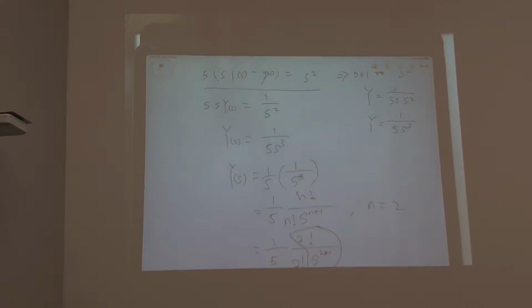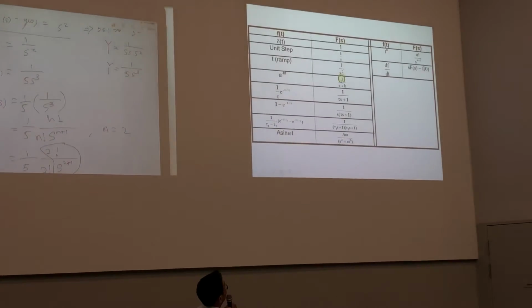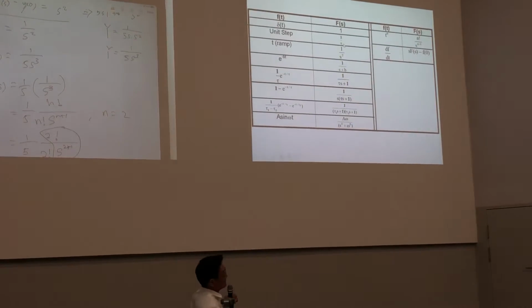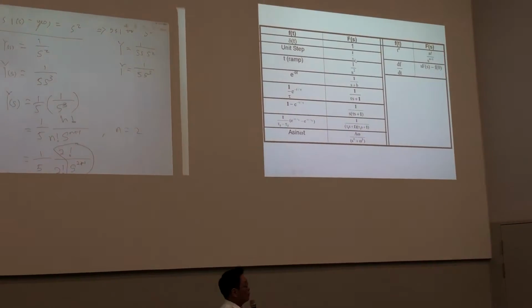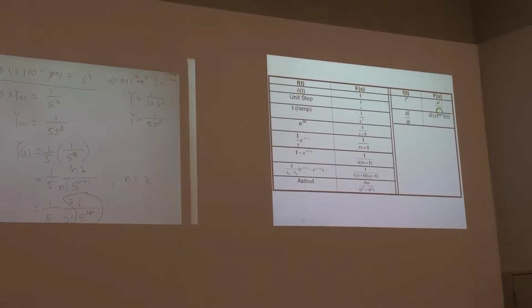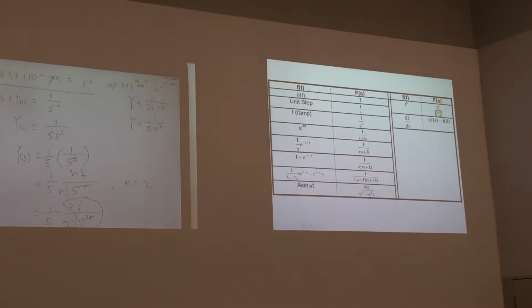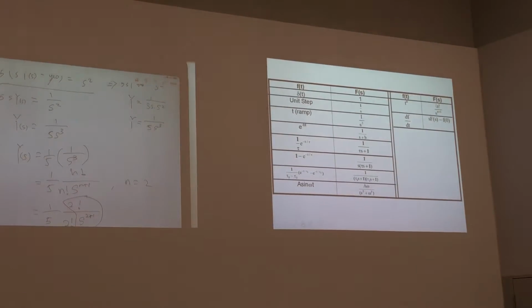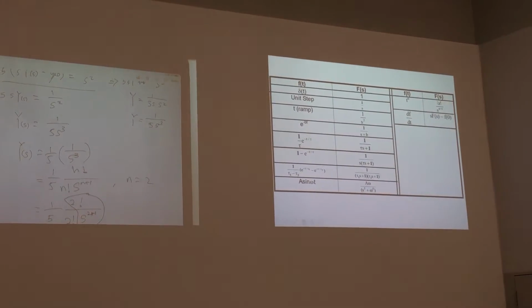Now I need to inverse back. How should I inverse? When I inverse, because I have all the s on my right hand side, I must check the Laplace table, which one is nearest to the s arrangement I have. 1 over s power of 3. If I take n equal to 2, it becomes s power of n plus 1. The top here is 2 factorial, and that gives me s power of 3.